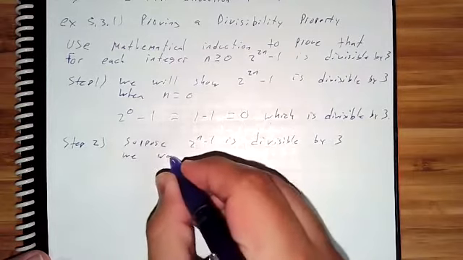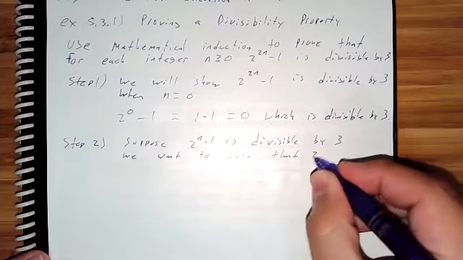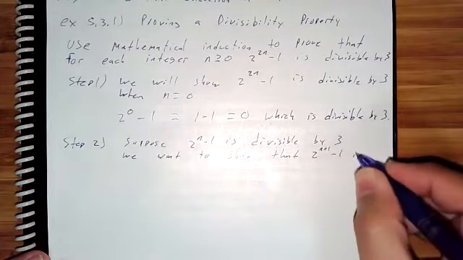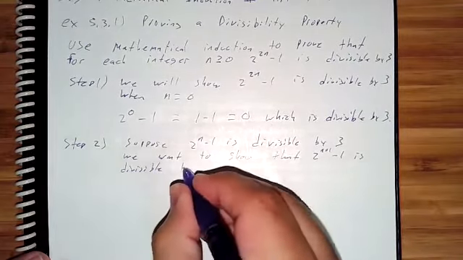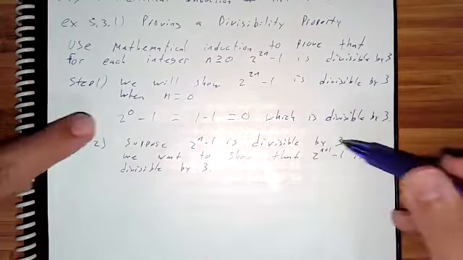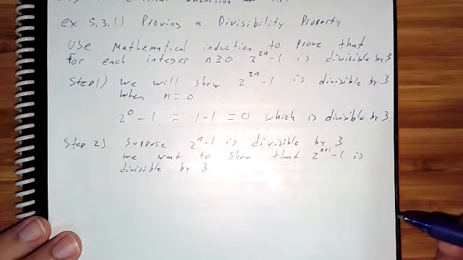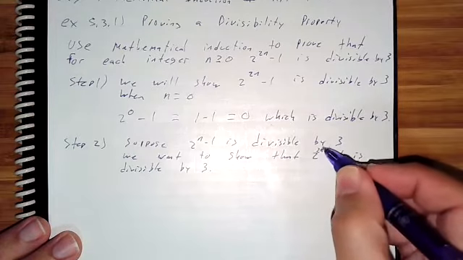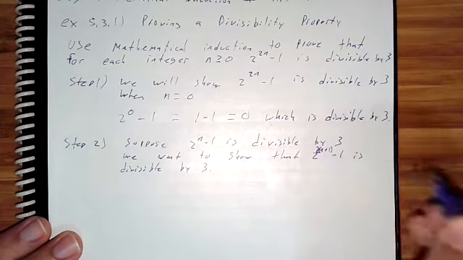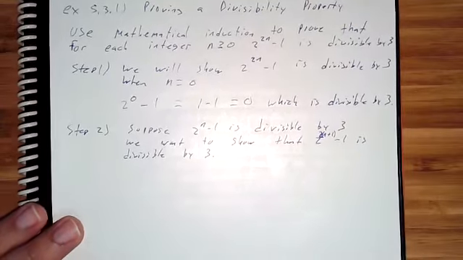We want to show that 2 to the 2(n+1) minus 1 is divisible by 3. So I'm going to use this to prove that guy, right? Oops, I should have a 2 right here. 2 to the 2 times n plus 1.